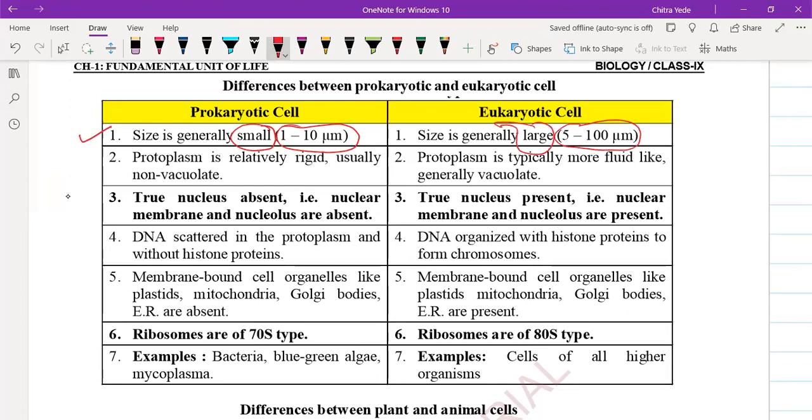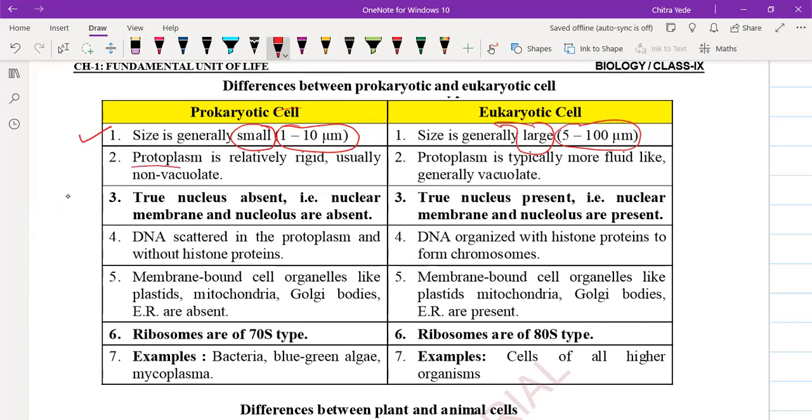Second, Aman. Protoplasm is relatively rigid, usually non-vacuolated. Protoplasm is typically more fluid-like, generally vacuolated.